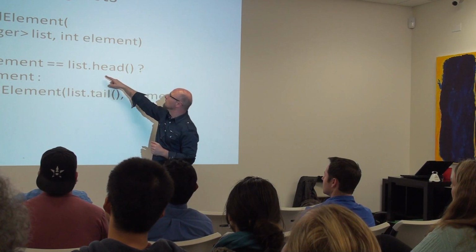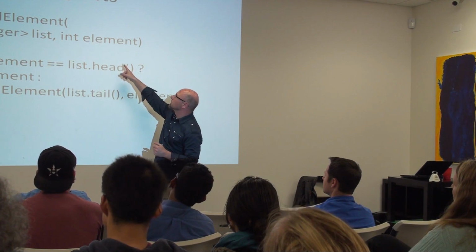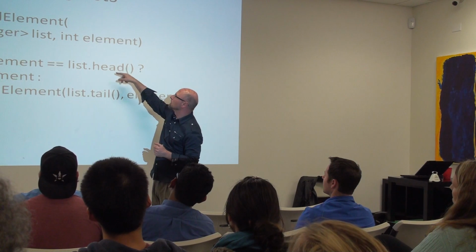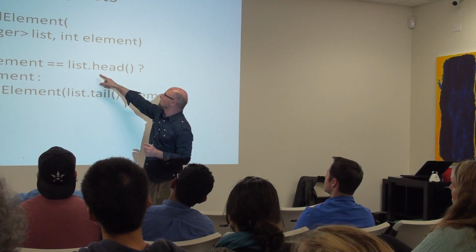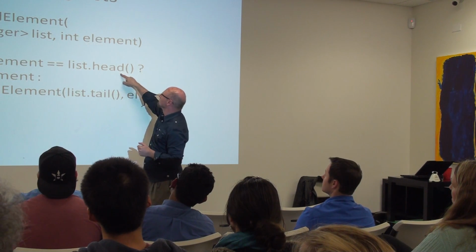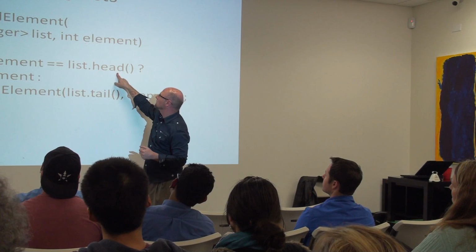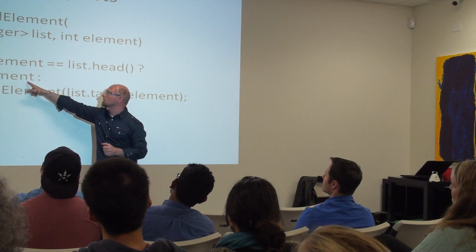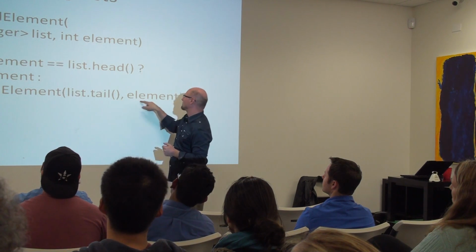So find element takes a list and an element, and if the element is equal to the head of the list, then we return that. If not, then we look in the tail of the list to see if we can find the element.